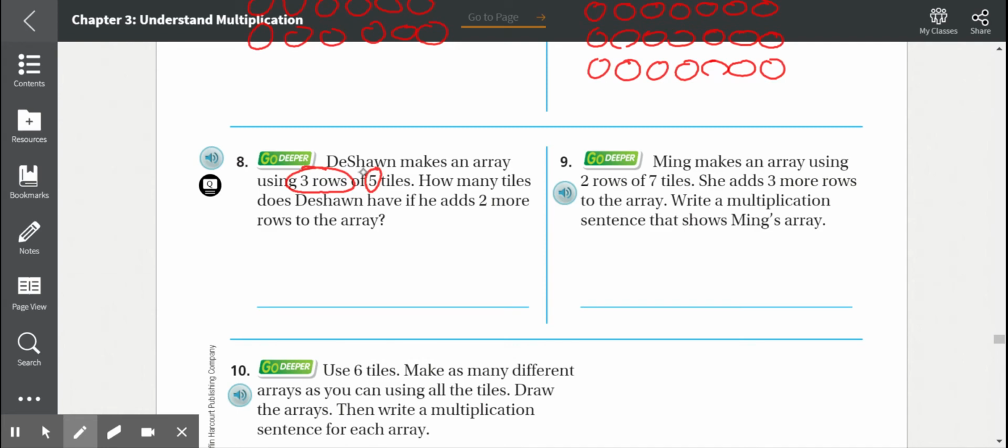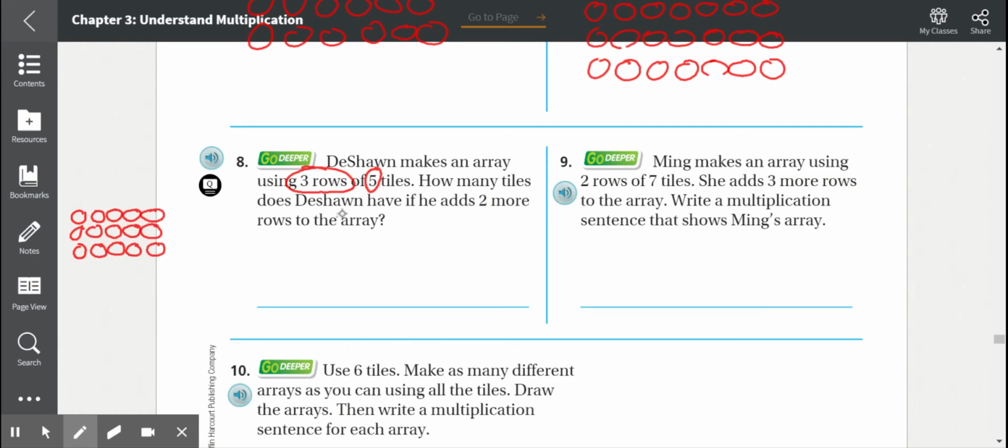So let's just start with that, 3 rows of 5. Let's draw it over here. 1, 2, 3 rows of 5: 1, 2, 3, 4, 5. So this is 3 rows of 5. Okay. And then it keeps going.